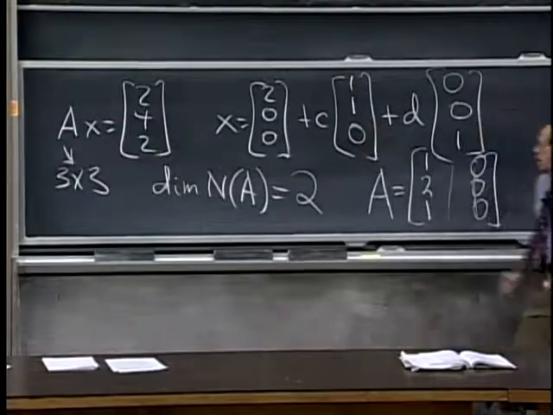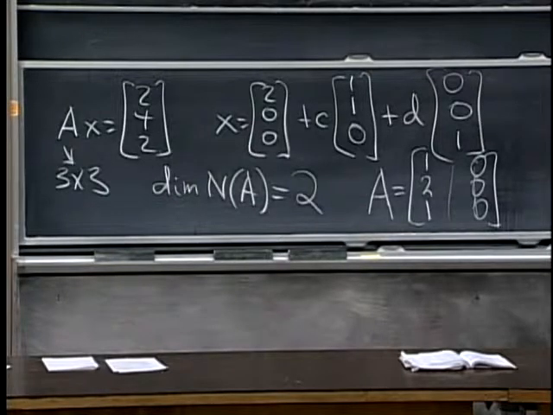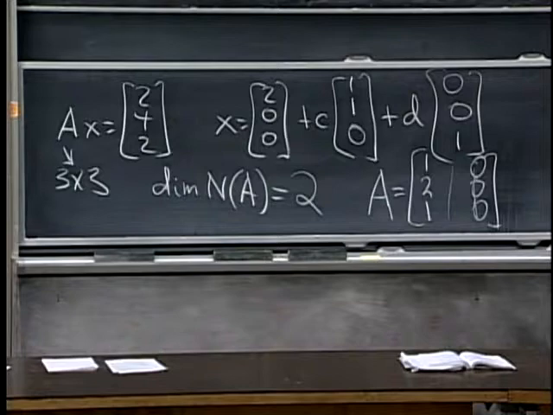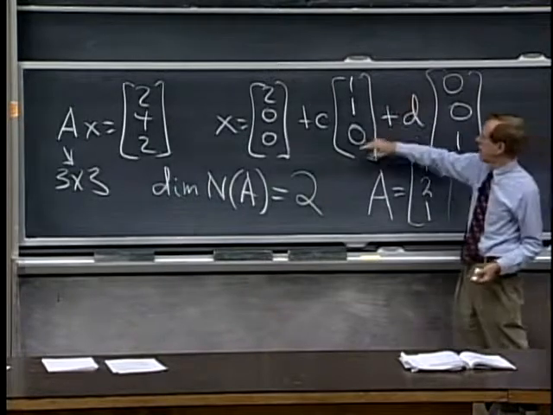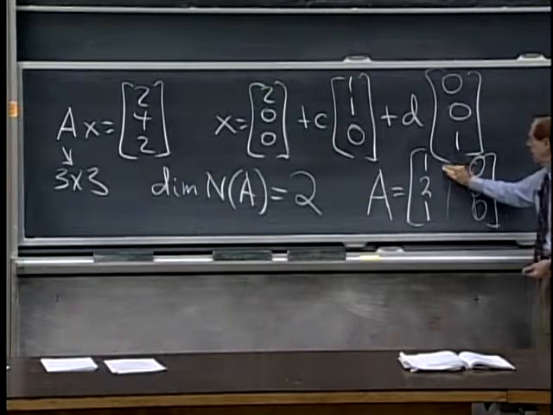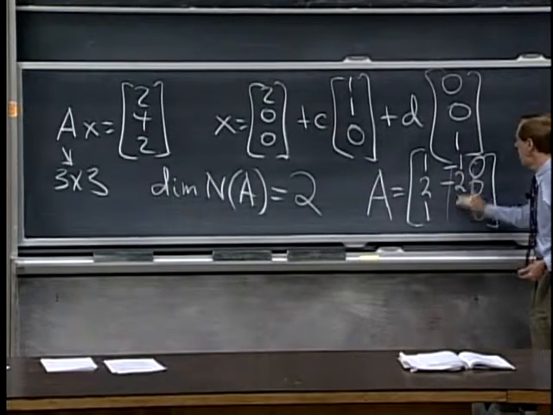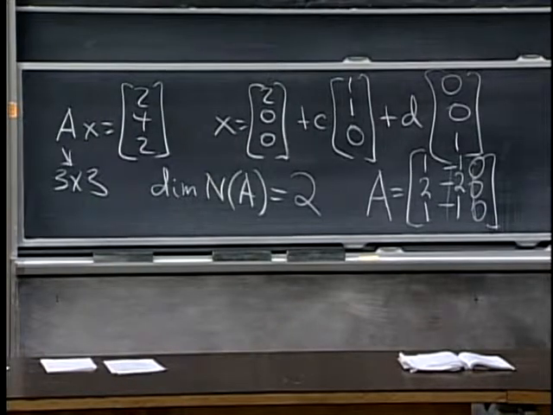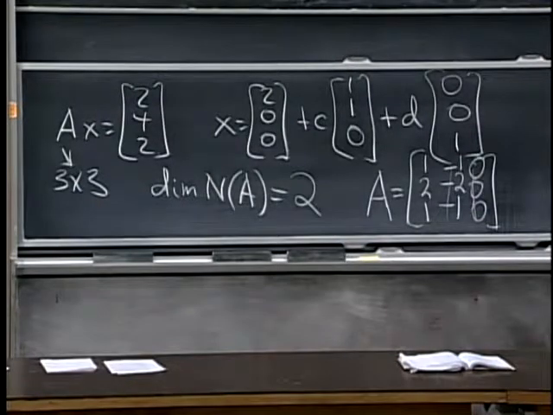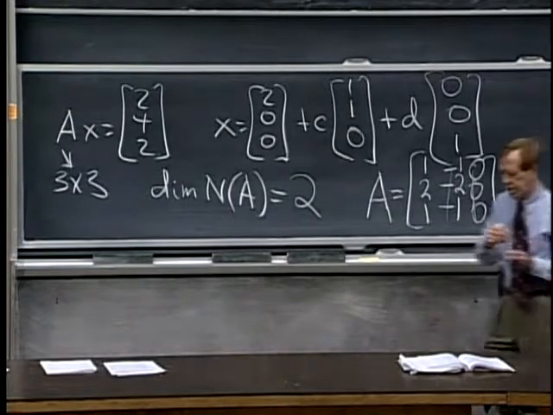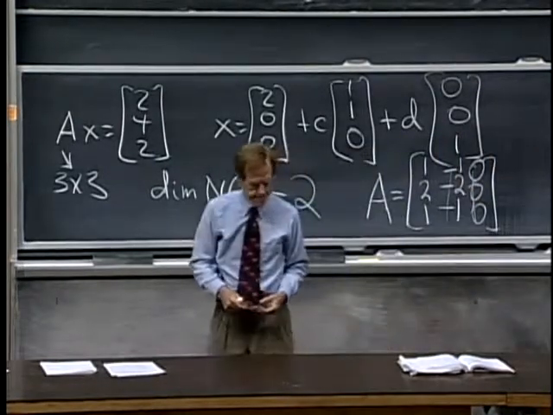And because this is in the null space, what's the second column? Well, this in the null space means that if I multiply A by that vector, I must be getting 0, so I think that better be -1, -2, and -1. Okay, that's a type of question that just brings out the information that's in that complete solution.